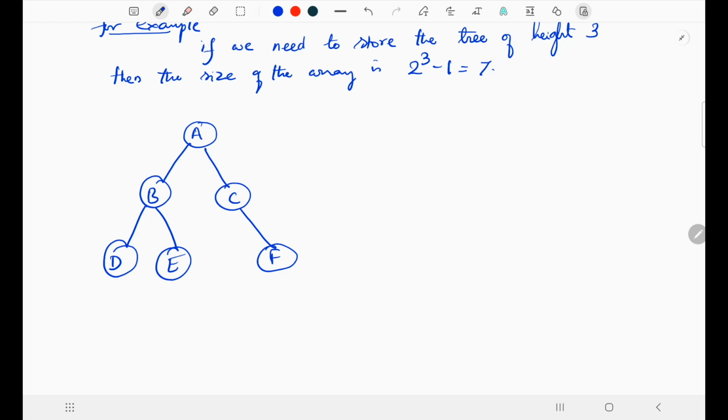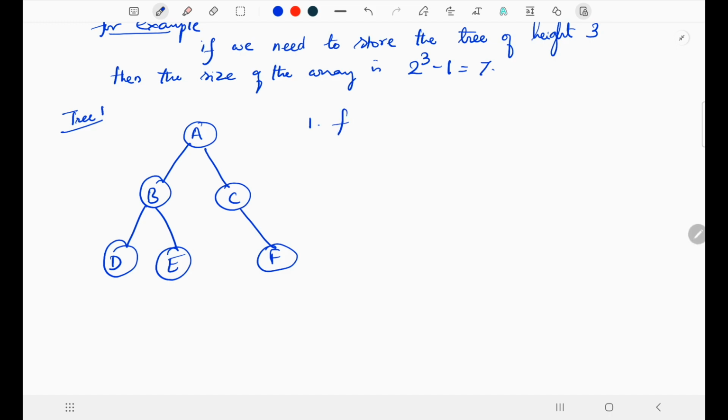So I have a tree, say this is tree 1. I need to save this tree 1. I need to represent this tree in an array. So first of all we need to find the height. What's the height of this?